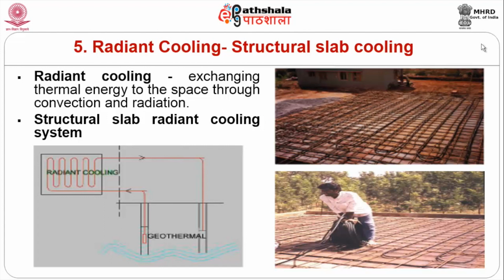If we are able to reduce heat gain inside the building through the roofs, we can cut out a lot of heat. Structural slab cooling acts on this principle. What happens here is exchanging of heat with the help of these tubes which are inserted and run in the slab.